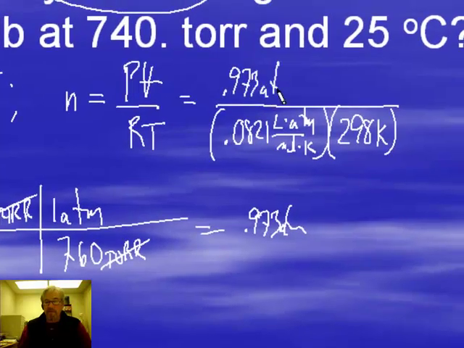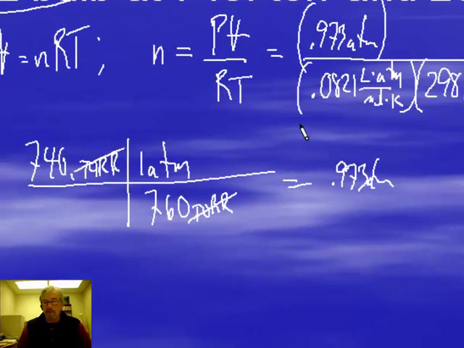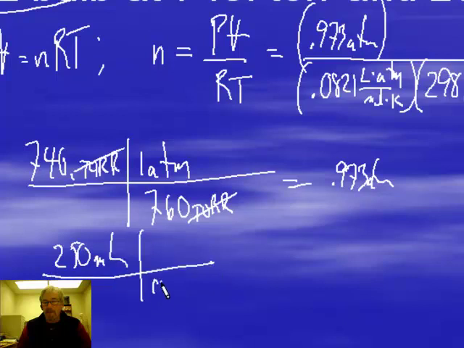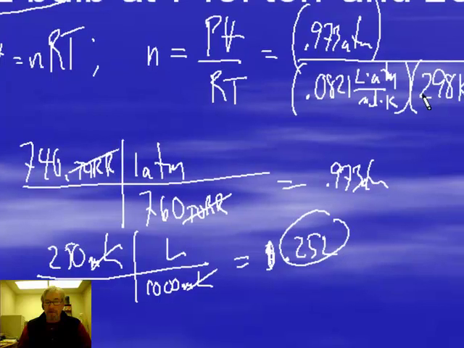So that's what I'm putting in here for P. 0.973 atmospheres. Volume. Well, my volume is 250 milliliters, but because the unit of volume in R is liters, I can't put that in here. My volume has to be in liters. So I'll convert. 250 milliliters. There are 1,000 milliliters per liter. Milliliters will drop out, and this leaves me with 0.25 liters. So that's what I'll put in for volume.